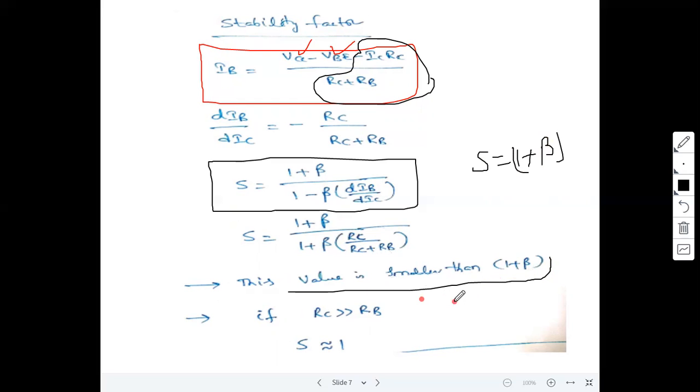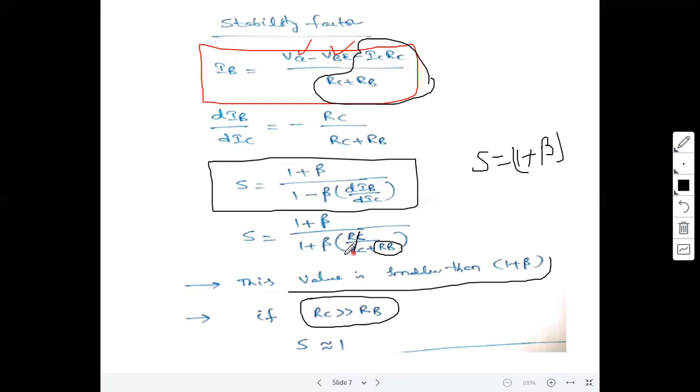Or if we require stability, your design criteria is only stability factor, if we choose the resistor value such a way that RC is very much greater than RB. Of course, to maintain this condition, we require some other properties like a very high VCC, etc. Then you may neglect this RB resistor here.